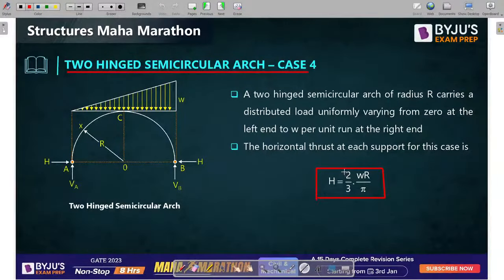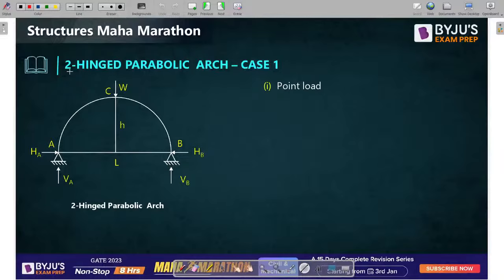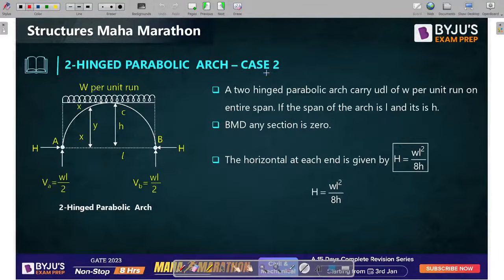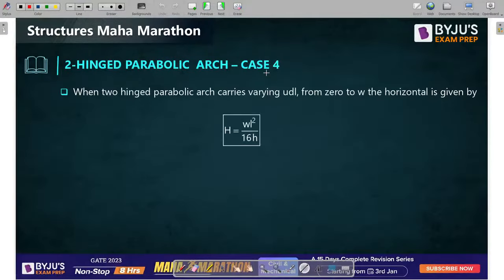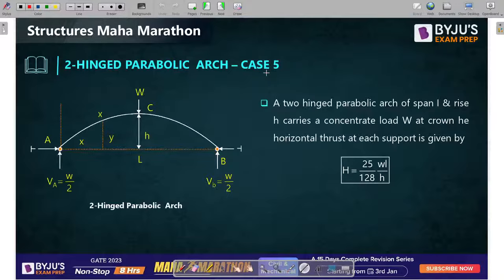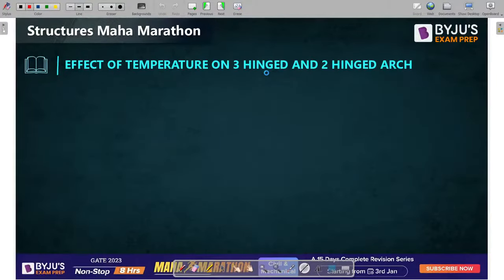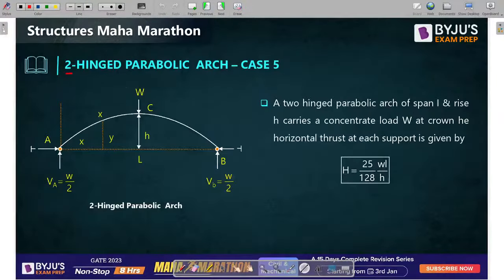Please remember this. Next, for a two-hinge parabolic arch, I will show you the values over here. Wait a minute. Right. Okay. Now guys, for a two-hinge parabolic arch, if a point load is placed, the force method we have already studied, the strain energy method is also done, right?